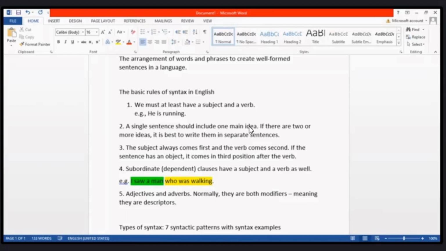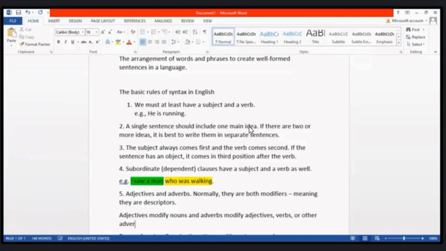Just for context, adjectives modify nouns, and adverbs can modify adjectives, verbs, or other adverbs in a sentence.